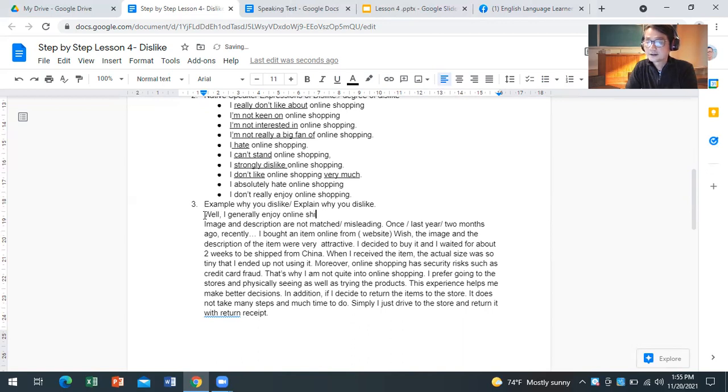Some items are convenient. For example, if it's not necessary, not a rush, if I want to buy something like a box of pencils or something like that, I can just order online. Especially things that need to look good, I usually don't like buying online.